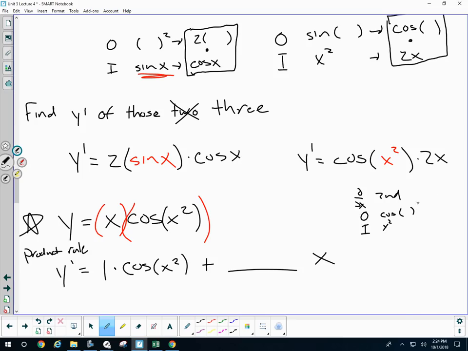For the derivative of the second piece, you need to understand cosine's the outside, x squared is the inside. The derivative of cosine is negative sine. The derivative of x squared is 2x.